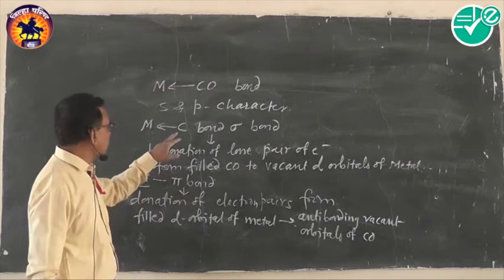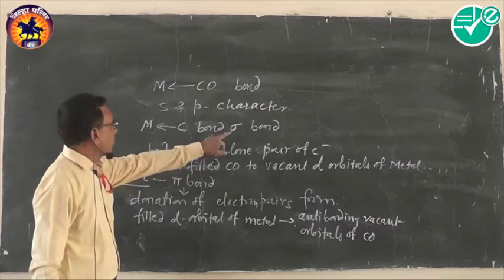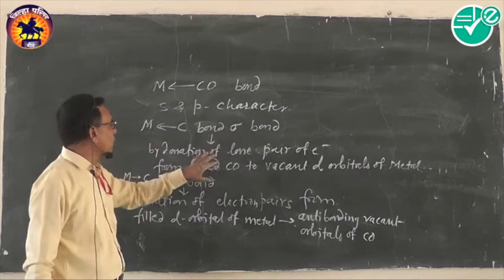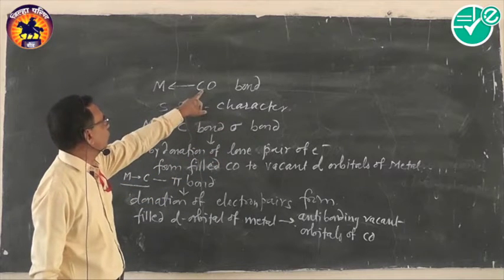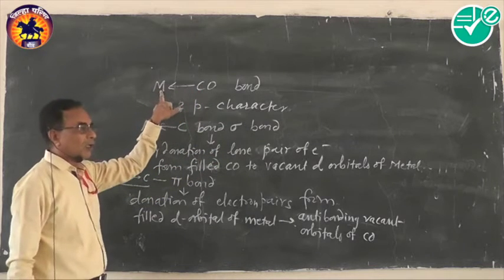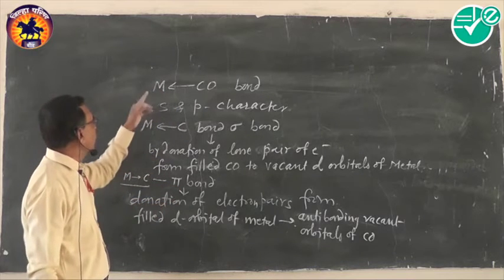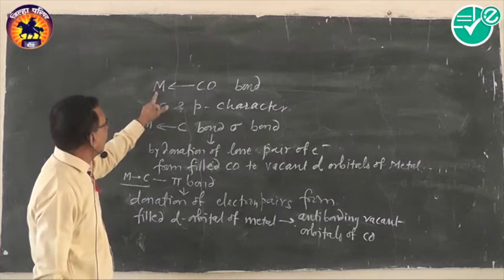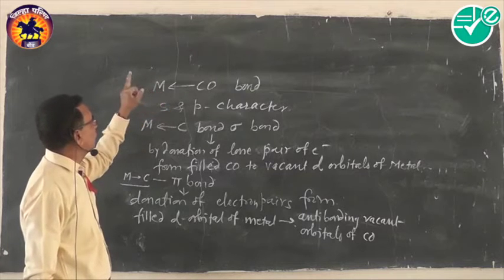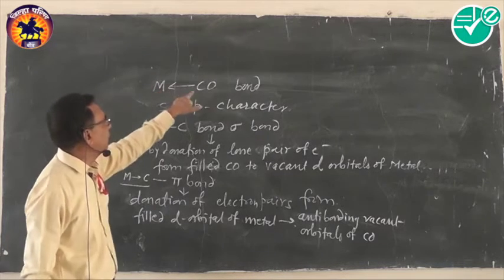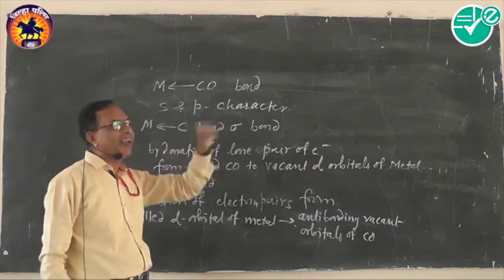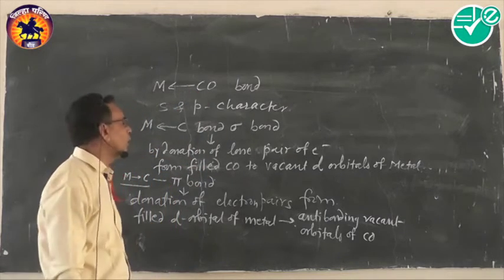So the MC sigma bond is formed by donation of a lone pair of electrons from carbonyl to the vacant d orbitals of the metal, and the pi bond is formed by donation of electrons from the filled d orbitals of the metal ion to the vacant antibonding orbitals of the carbonyl group.